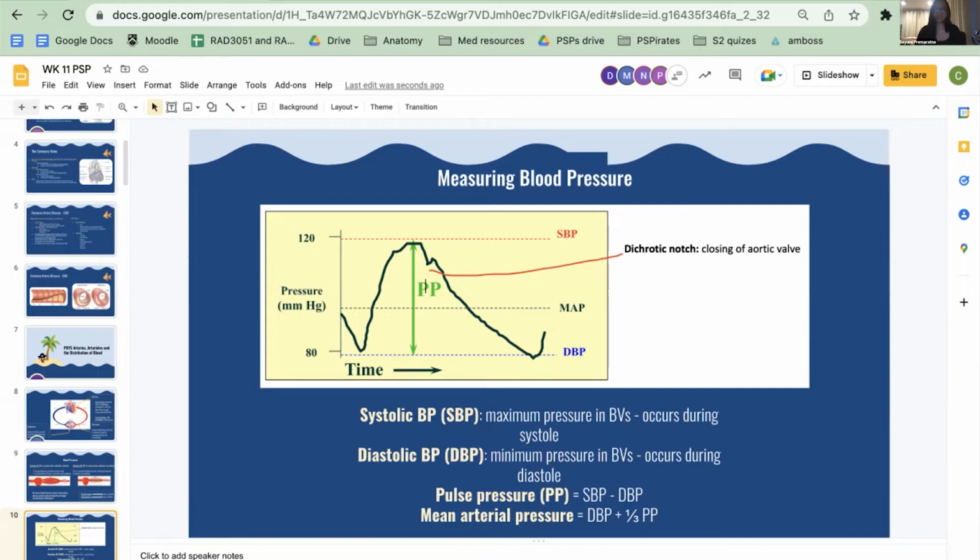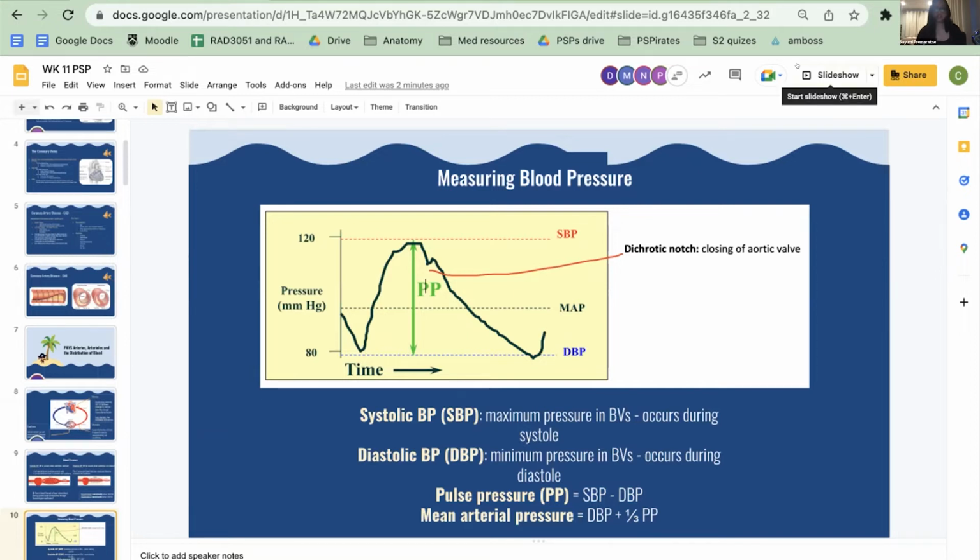Your pulse pressure is the difference between your systolic and your diastolic blood pressure, so the difference between the highest and the lowest pressure in your blood vessels. And the mean arterial pressure is this equation here: your diastolic plus a third of your pulse pressure.